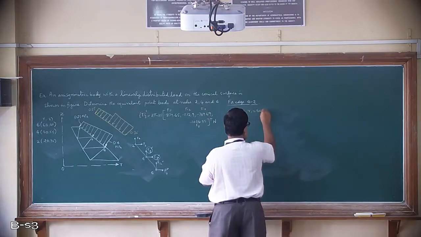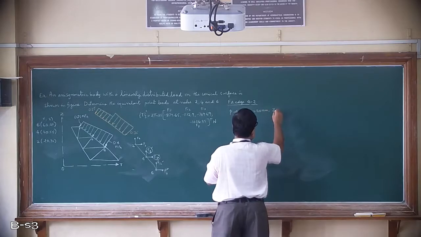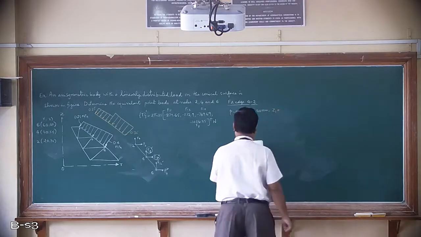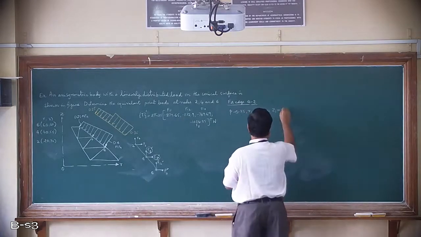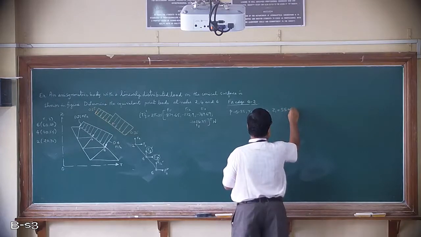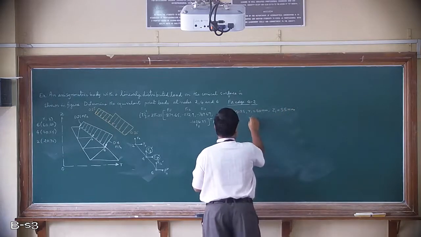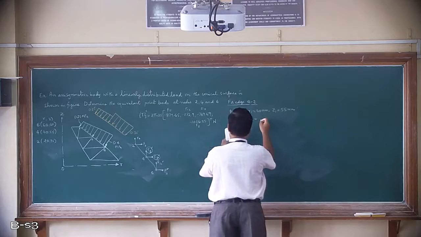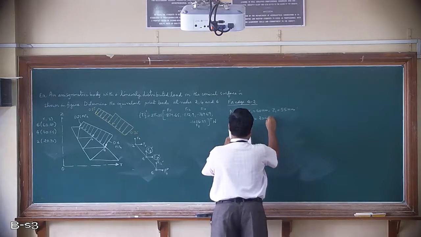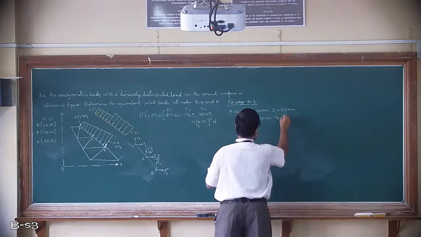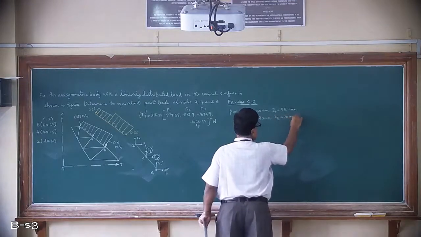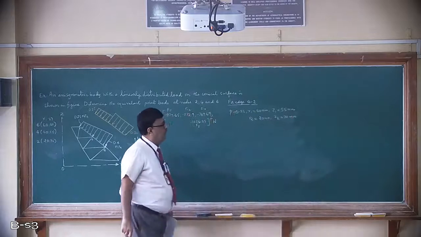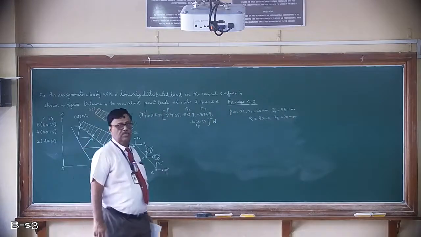Whatever the R2 was there for the previous one will become now R1 and Z1. Similarly, for the next point, R2 is going to be 20 mm and Z2 is 70 mm. Okay, these are going to be your new coordinates of the line.